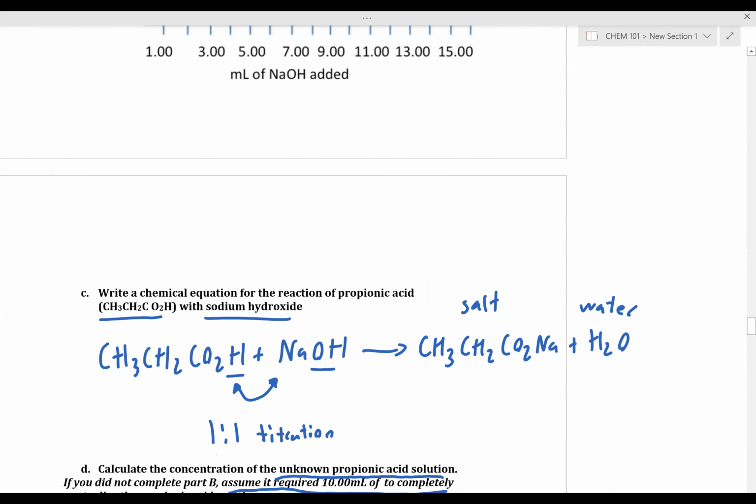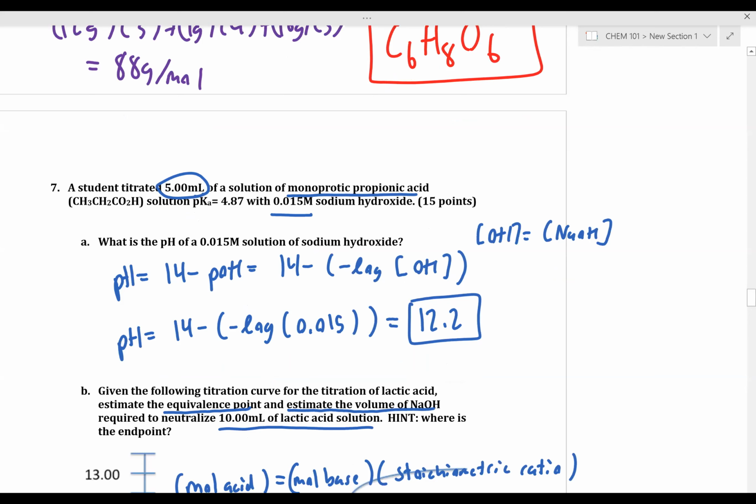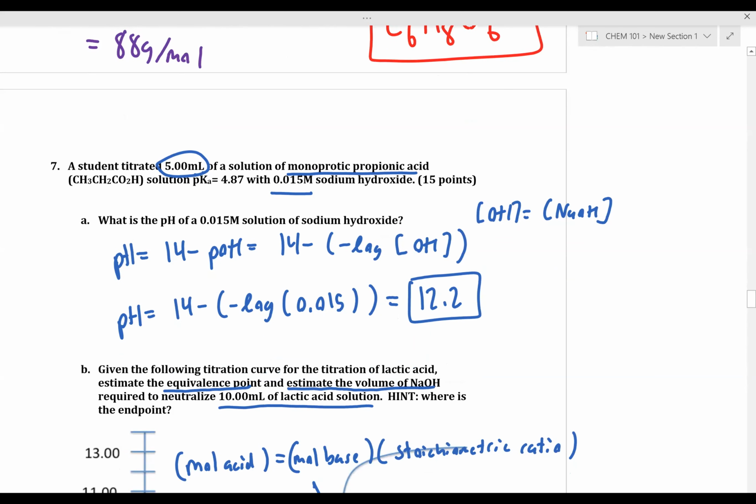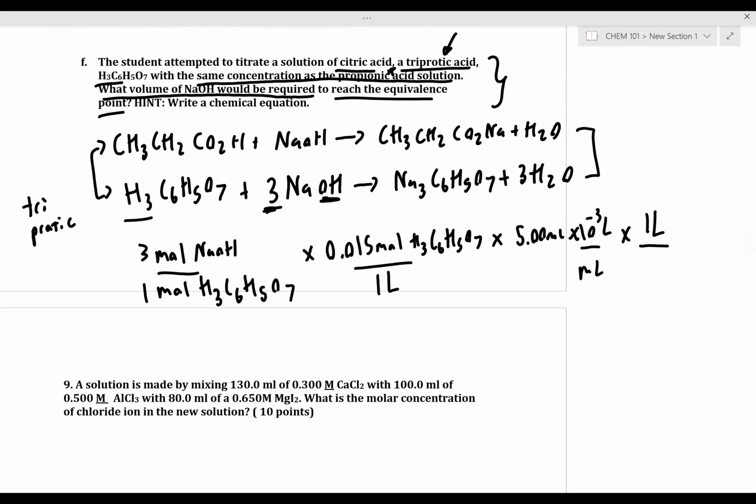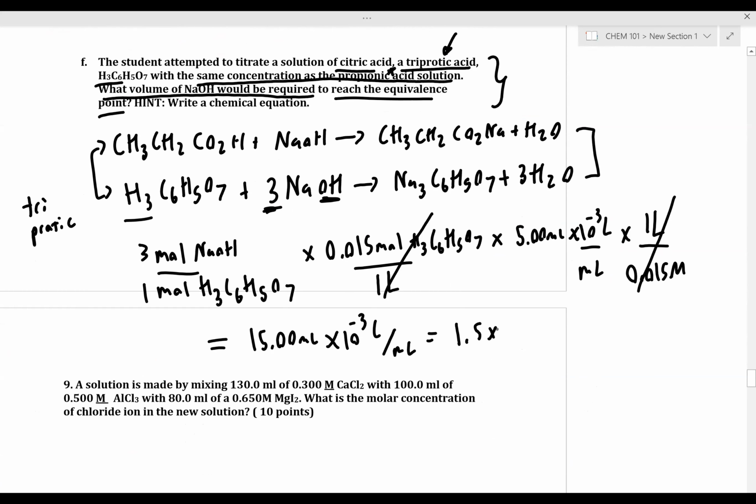Looking all the way up here, yep, so we'll plug in our molarity. So in the end, the molarities are the same, so they cancel, and we end up with a volume of 15.00 milliliters times 10 to the negative 3rd liter per mL, which gives us 1.5 times 10 to the negative 2nd liter.